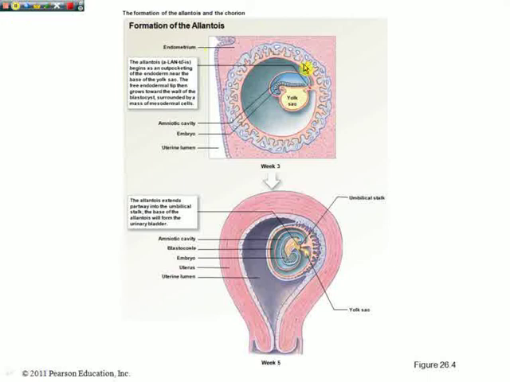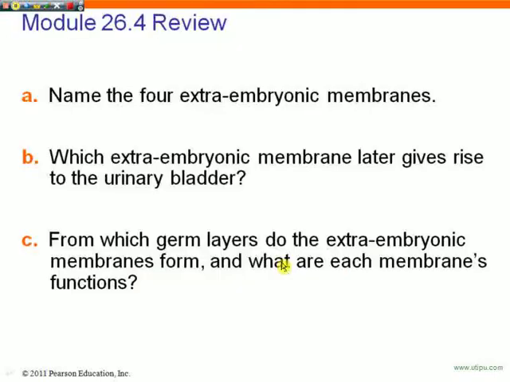So here you see formation of the allantois. Here next to the yolk sac you have the amniotic cavity forming, and the embryo itself is here. As you go down to week 5, see further development.